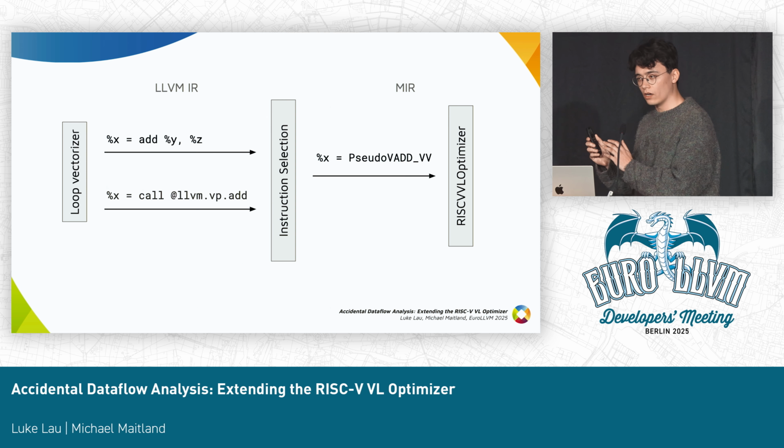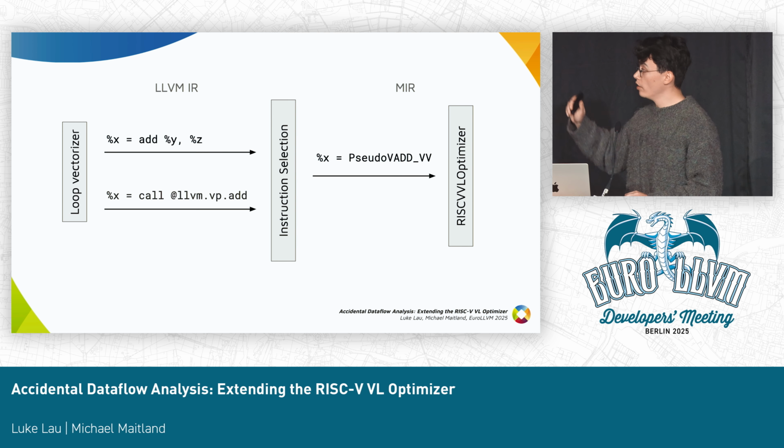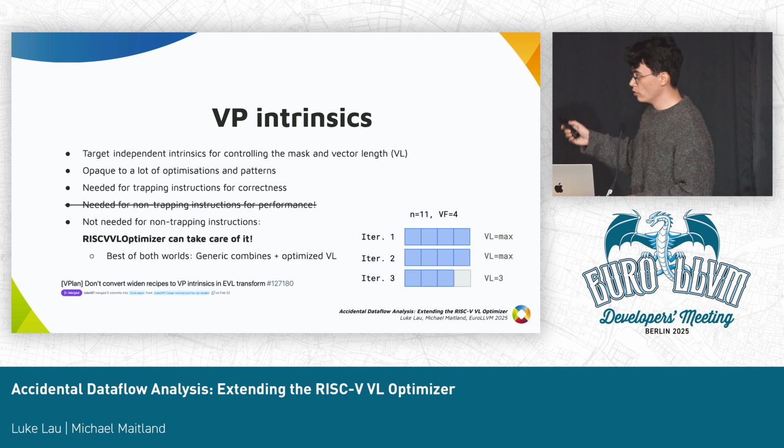And whilst it also reduces the VL in the same way that VP intrinsics reduce the VL, the key thing is that because it does it at the MIR level, it's able to reduce both regular LLVM IR and VP intrinsics, because they both get lowered into the same machine instructions at the end of the day. And so that meant that once that pass landed, the loop vectorizer didn't have to emit VP intrinsics anymore. We could just emit regular LLVM IR instructions, and we got the best of both worlds. We got the good codegen, and we also got reduced VL. We basically got that for free with that pass, which is great.